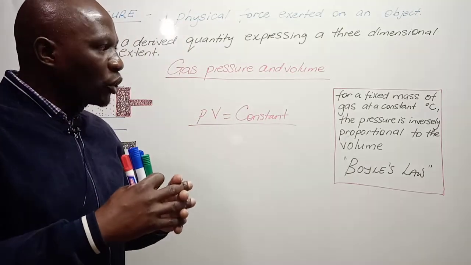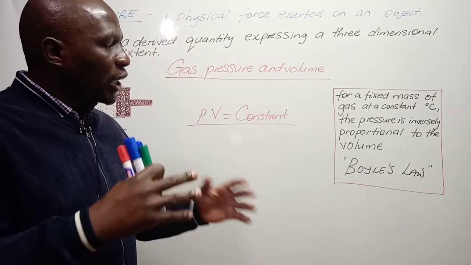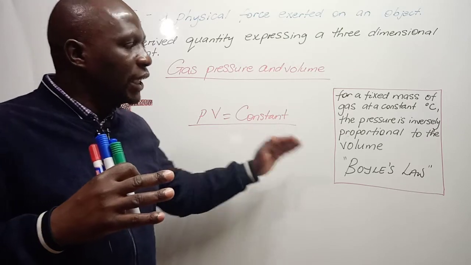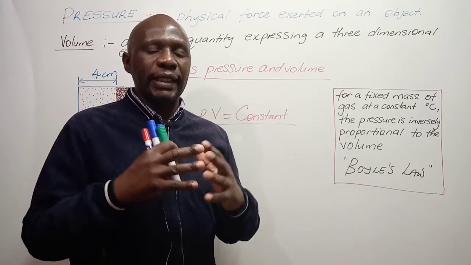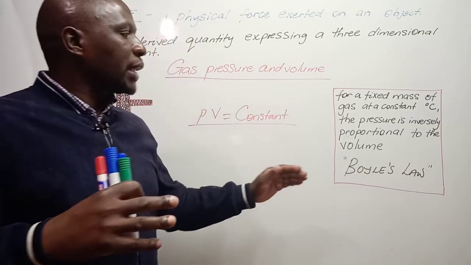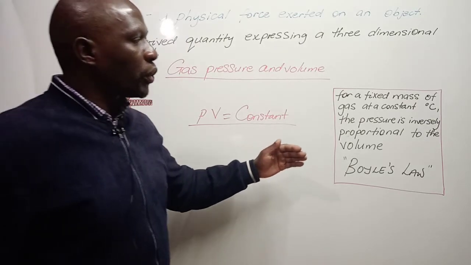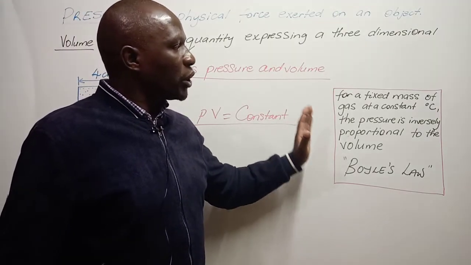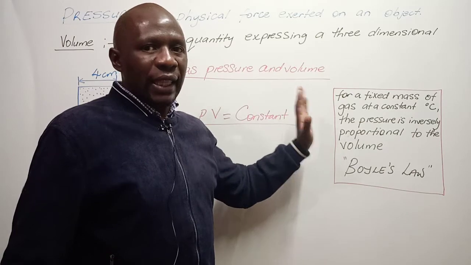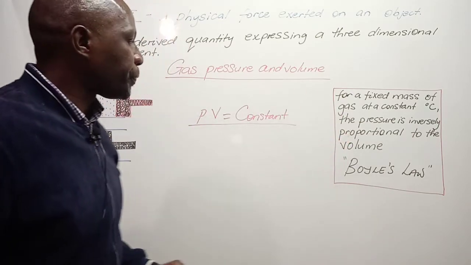So the gases that we can relate to this law are ideal gases. At a later stage, we are going to get to teach each other what these ideal gases are.